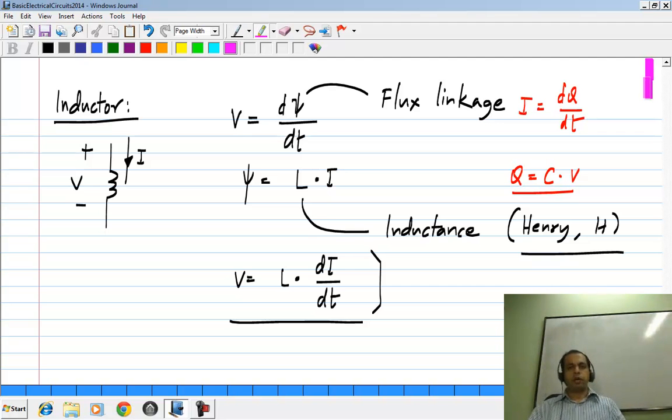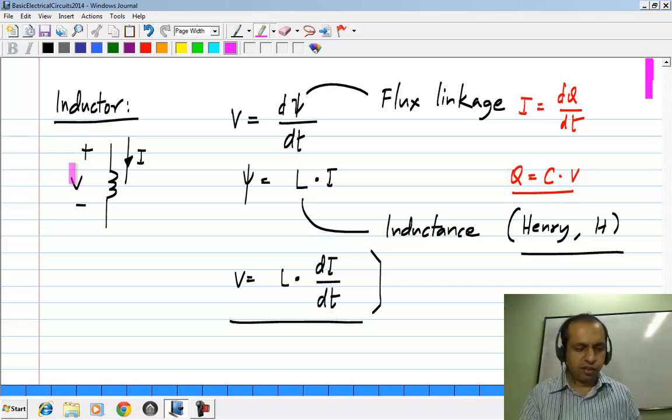One point I would like to caution you about here is that all of you would be familiar with Lenz's law from physics, and you would know that the induced voltage across an inductor is in a direction such that it opposes the change in flux and so on. And it's common to see relationships like V is minus L di by dt. Now don't be confused by that.